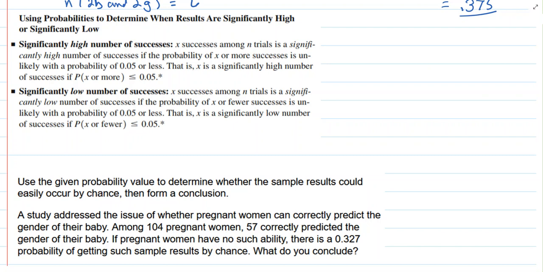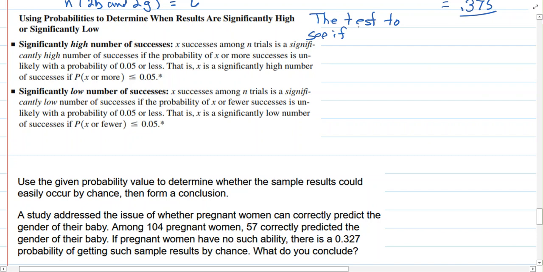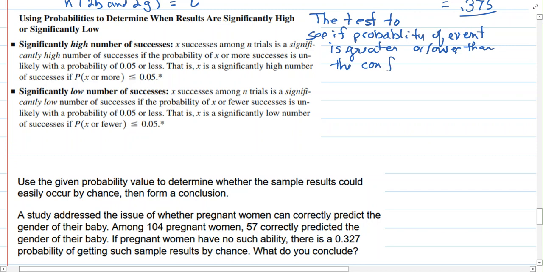And that is first to see if the probability of an event is greater or lower than the confidence interval of likely.